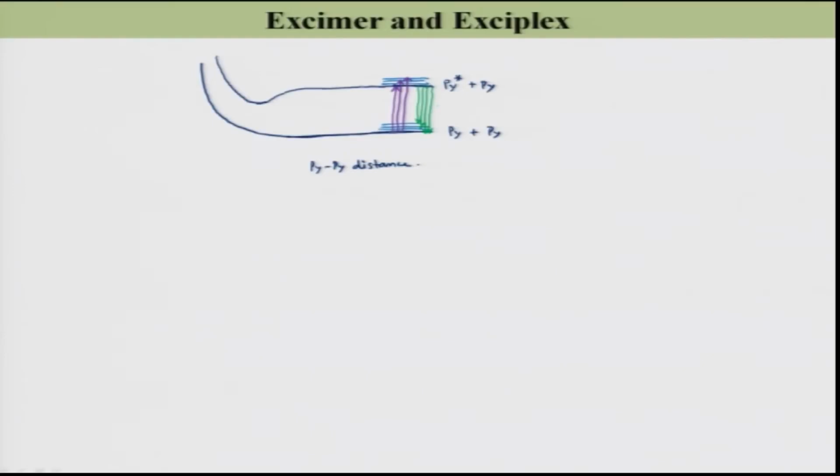So, the vibrational fine structures are visible in case of pyridine. However, when this pyridine distance decreases, you come up with this stage, the immediate ground state is not stable at all. Once it forms, immediately it breaks, right. And in this case, when this pyridine star and pyridine come from this excited state to the ground state, you will not be able to see such vibrational fine structure.